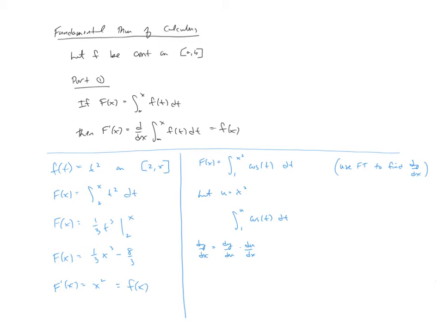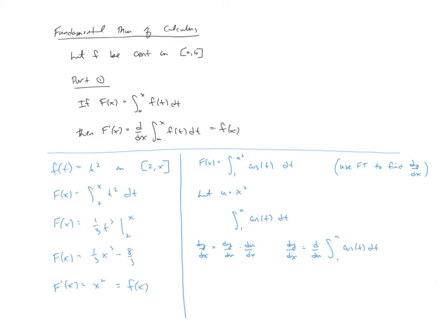So I'm going to come back up over here. I know that my dy dx is going to be equal to d du now, not an x anymore, d du of the integral from 1 to u of cosine of t dt.